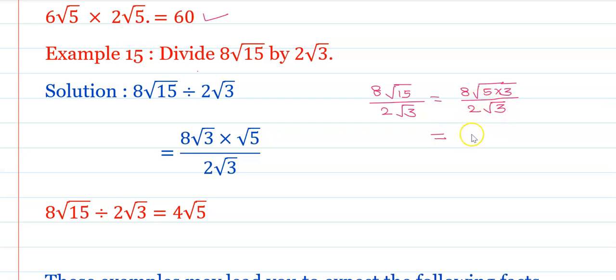Their division, 8 by 2 is 4. Separate this, root 5 into root 3, this whole divided by root 3. Root 3 gets cancelled, and here you are getting root 5. That is 4 root 5. You can simplify it like this.